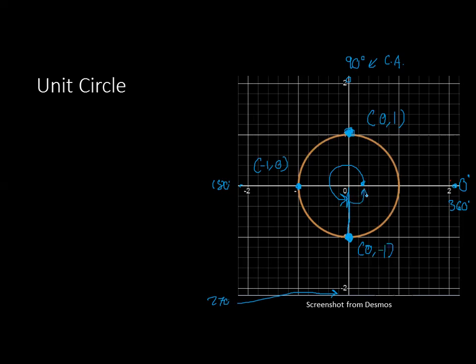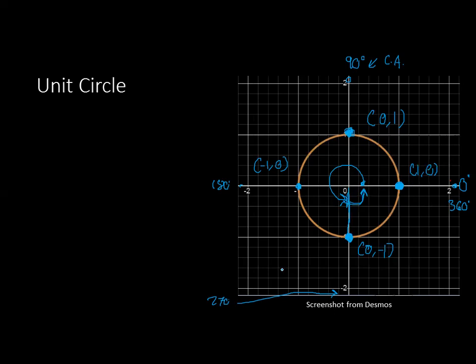And now, last but not the least, what if you go further? What will be the coordinates here? So we have 0 degrees and 360 degrees. What do you think will be the coordinates? You will have 1 and 0.